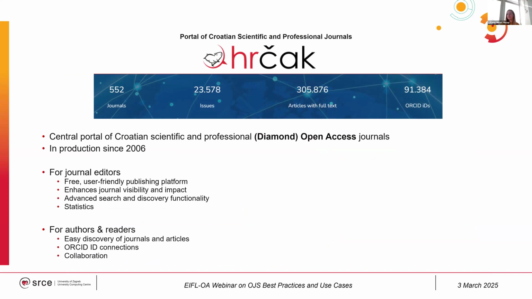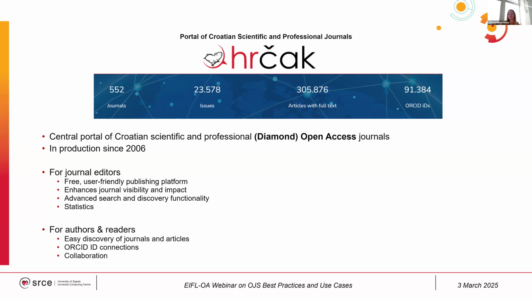So Hrčak is the central portal for Croatian scientific and professional open access journals, and mostly they are Diamond open access journals. Hrčak is in production since 2006, so basically it's almost 20 years old. It provides a free user-friendly publishing platform for journal editors, which helps them to enhance visibility and consequently impact of their journals.